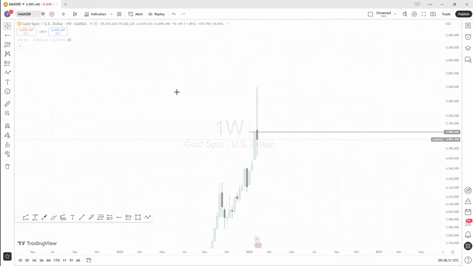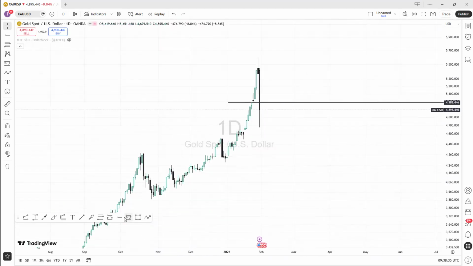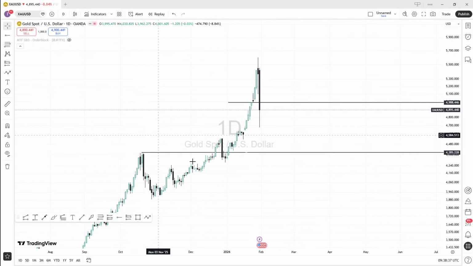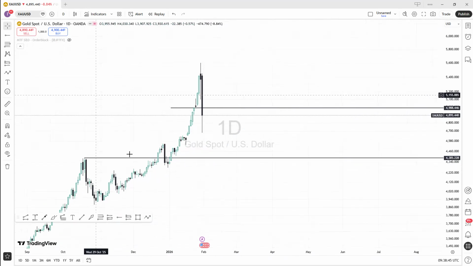On the daily time frame, you can just recognize supports. Here you have that support, which is already tested. So price will never come back to that area. Here we have that daily breaker block.